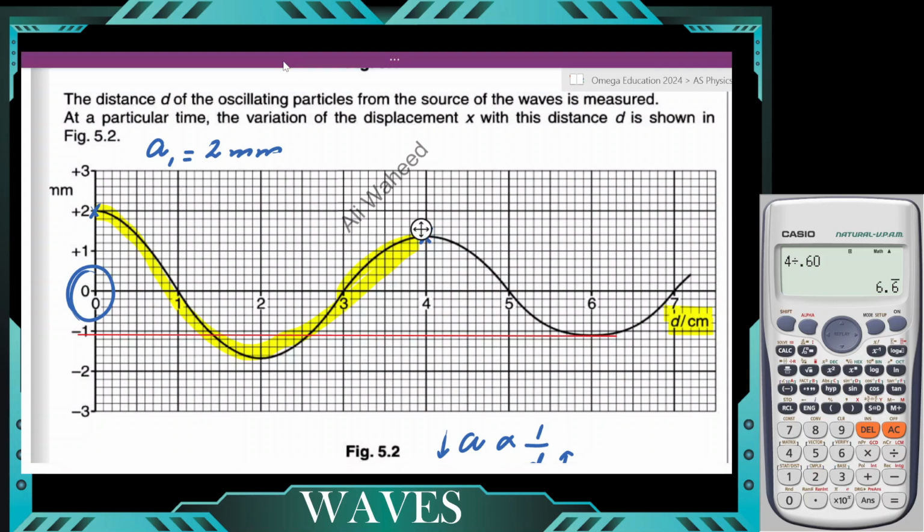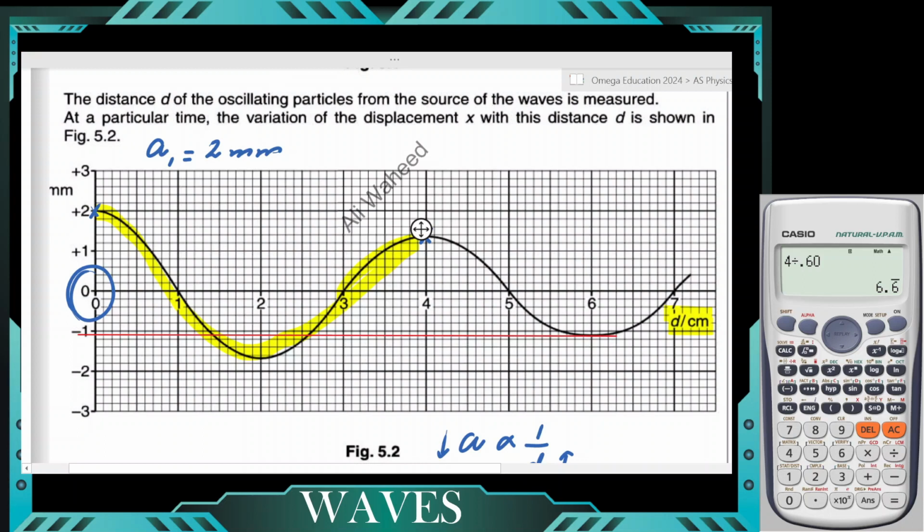So A2, the second amplitude, is first of all with the negative sign, and it's between the first and the second block, so it would be minus 1.1. If it were on this second line, it would have been minus 1.2, but it's exactly in the middle. So minus 1.1 millimeters A2 and 2 millimeters A1.